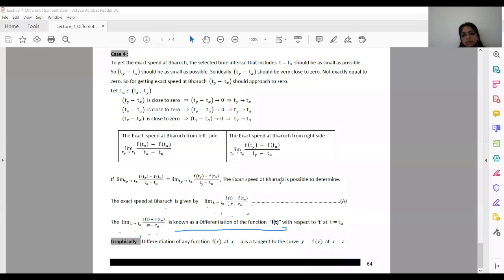Students, I explain this real world problem because I just want to explain this formula of differentiation. This formula is known as the differentiation formula of function f of t with respect to t at t equal to Ta. Graphically, differentiation of a function f of x at x equal to a is the tangent to the curve y equal to f of x at x equal to a.